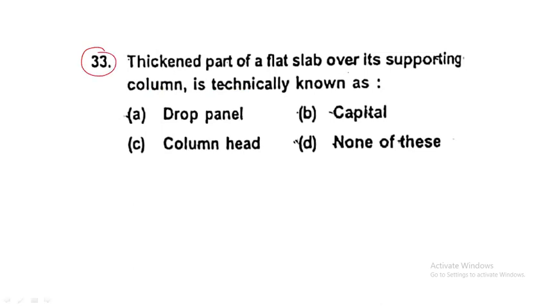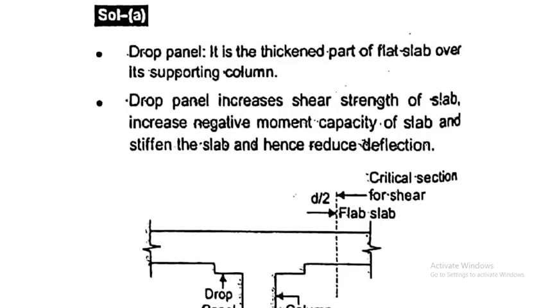Thickened part of the flat slab over its supporting column is technically known as. Thickened part of the flat slab over its supporting column. What is that one? Let me show you. If it is not visible, I will draw it here.